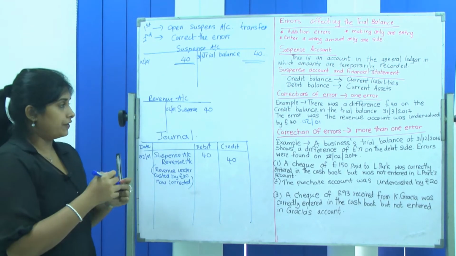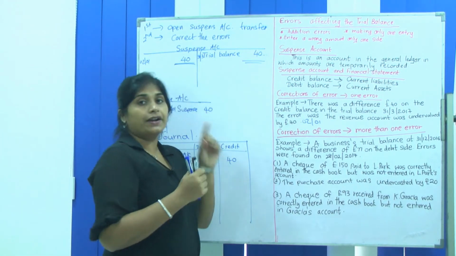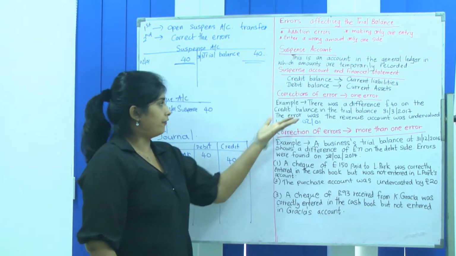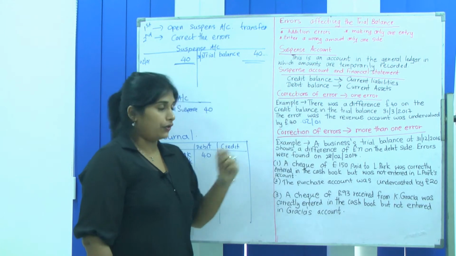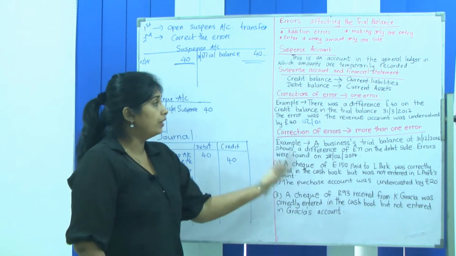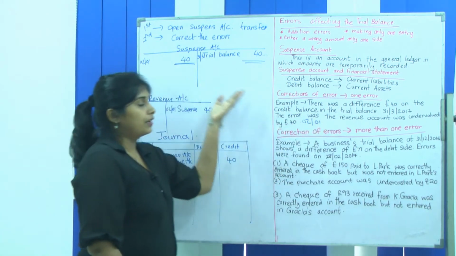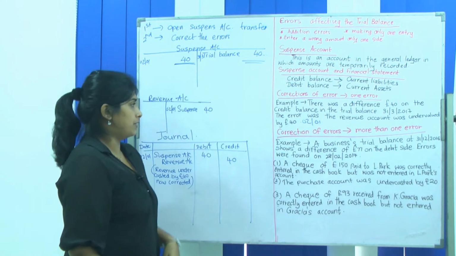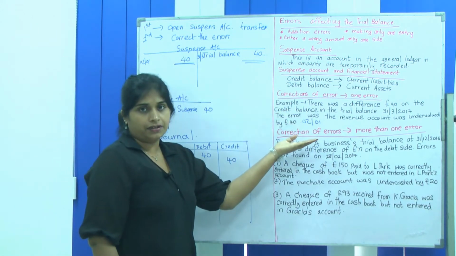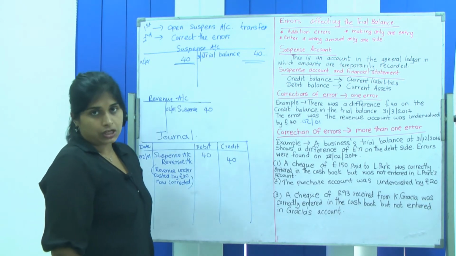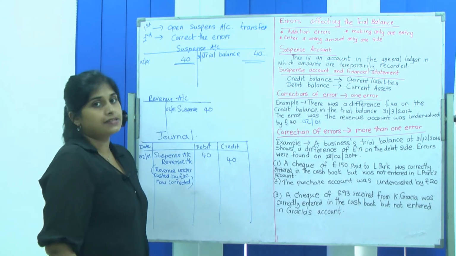Okay. So the first example was only one error. When they were trying to tally the trial balance, they found out there is a shortage on the credit side. As soon as they found out, they tried to find the error, but they couldn't. So what they did was they entered a temporary account, the suspense account. So they opened a suspense account. There is a shortage on the credit side, so that credit amount of 40 pounds they credited to the suspense account to make the trial balance agree.